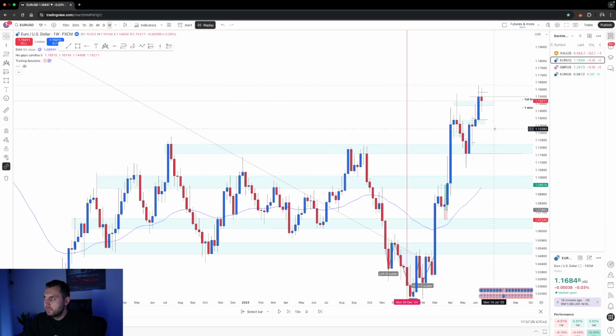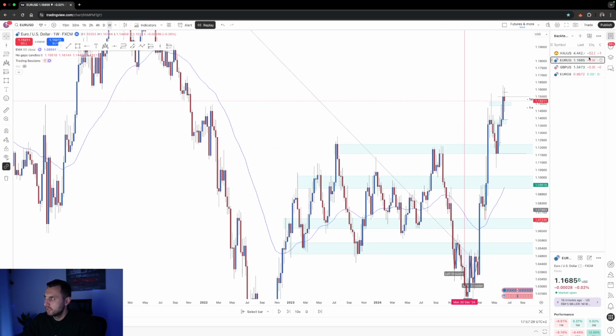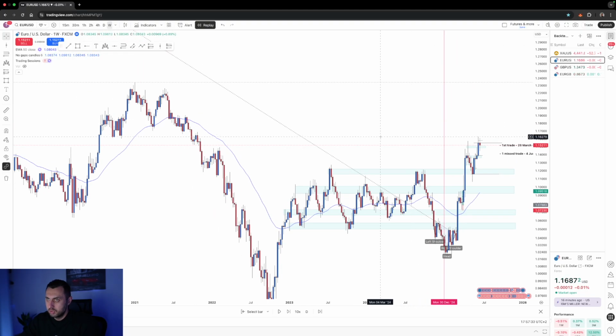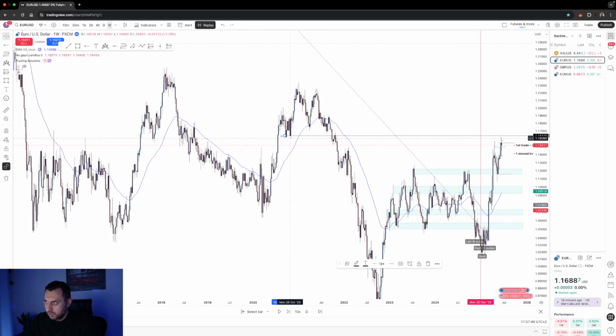So what I'm expecting over here, let's see, this is a zone where it could reject. Yeah, I'm not marking this area of interest, but I will mark it like this. Here.